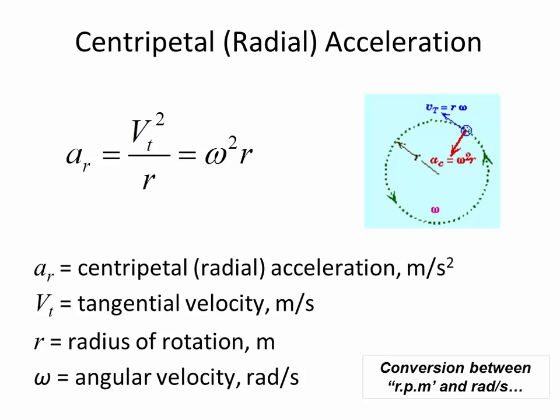In SI, it was meters per second squared for both of them. Local acceleration is when the flow velocity is changing with respect to time. Convective acceleration is when the flow velocity is changing with respect to position. Both of them have the same units. Here, radial acceleration is also going to have units of meters per second squared.